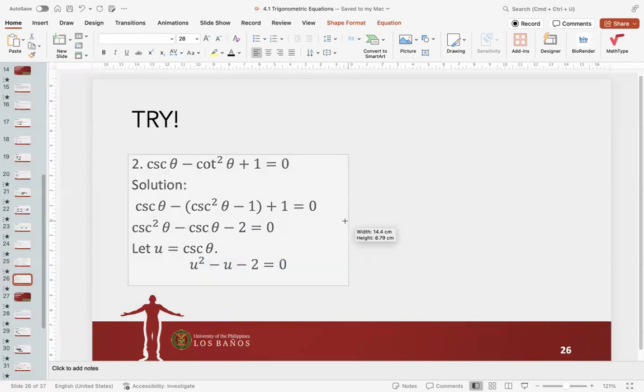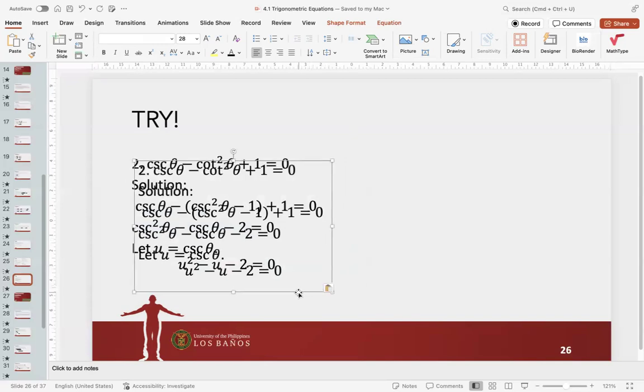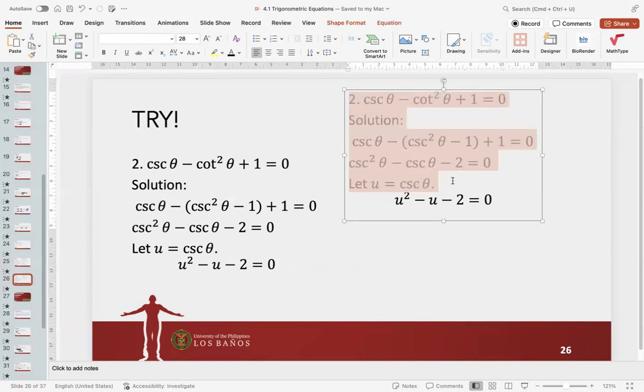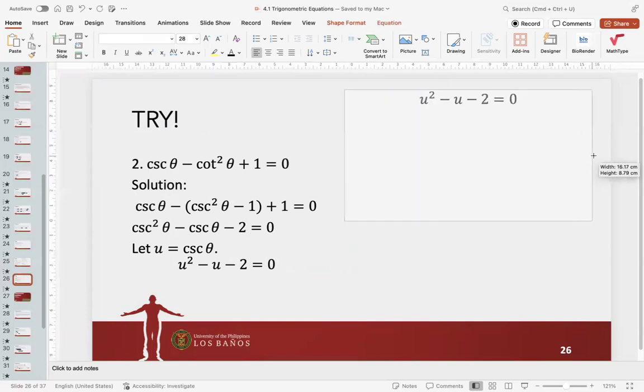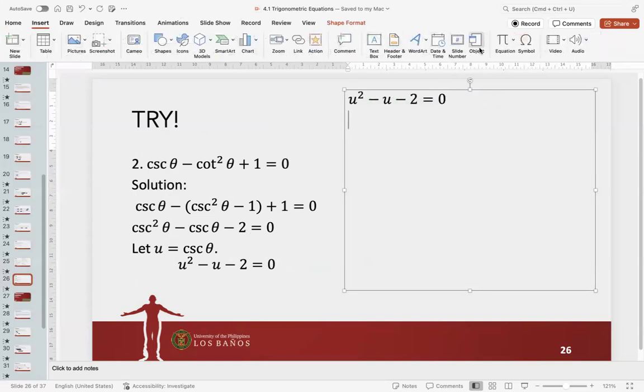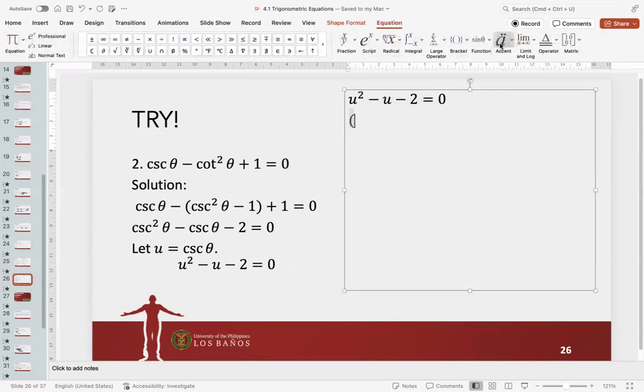And this is very much similar with the previous try exercise. So let's just do that. So again, this is factorable, but this time around, the factors are u minus 2 and u plus 1 equals 0. So let's check.